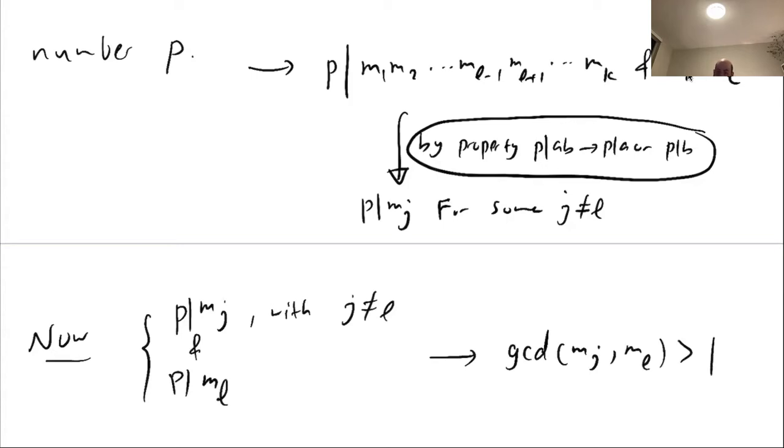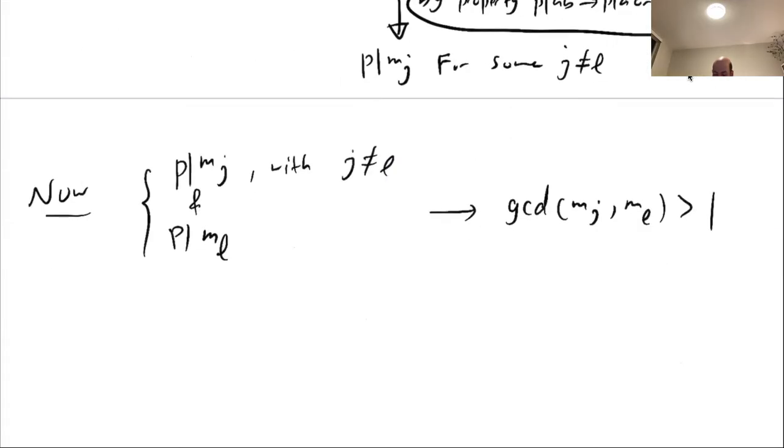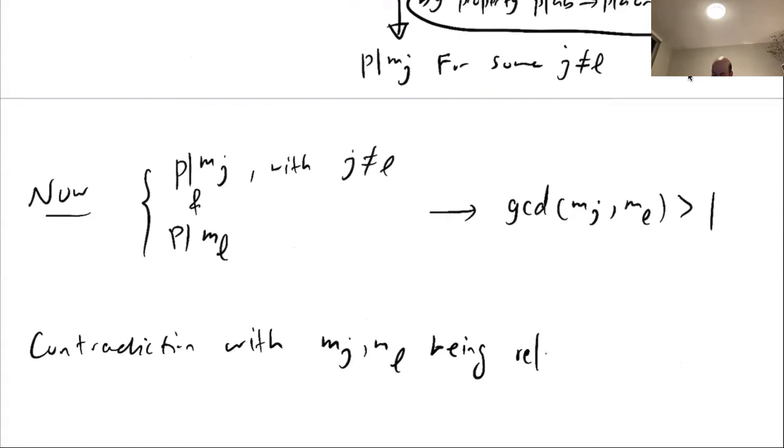If MJ and ML have a common divisor P, which is bigger than 1, P being a prime number, then of course the greatest common divisor of MJ and ML is still bigger than 1. And this is a contradiction with MJ and ML being relatively prime.